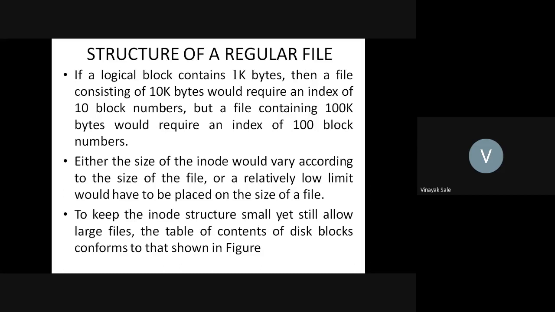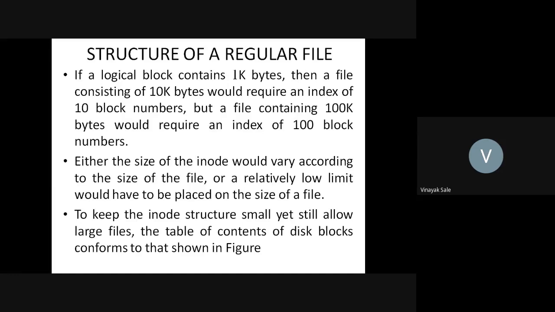Whenever the file size increases, you would have to increase the inode, or a relatively low limit would have to be placed on the size of the file. So how do we keep the structure small yet still allow large files?